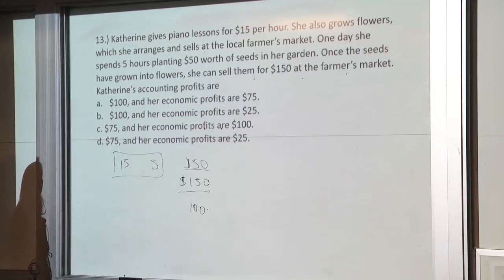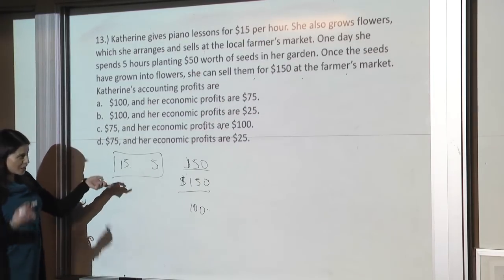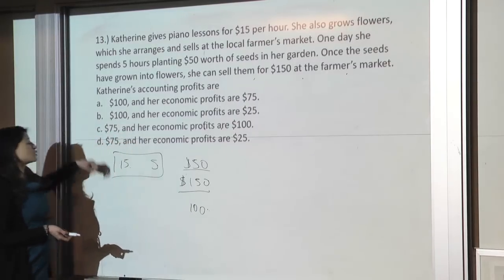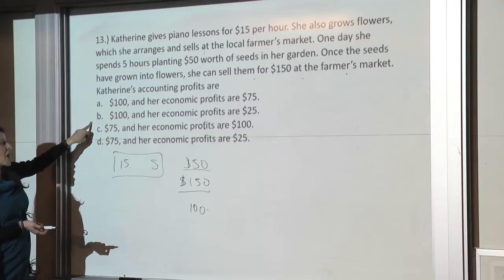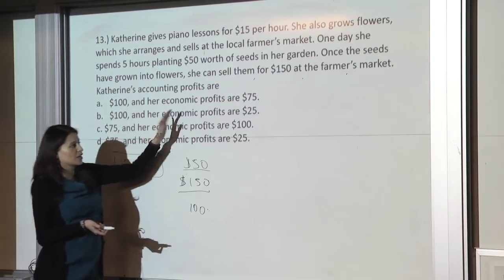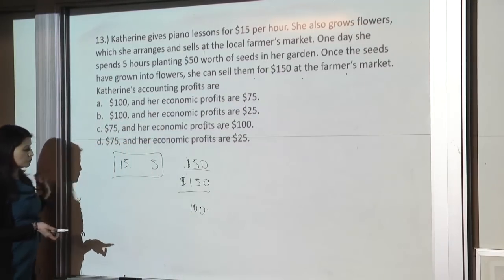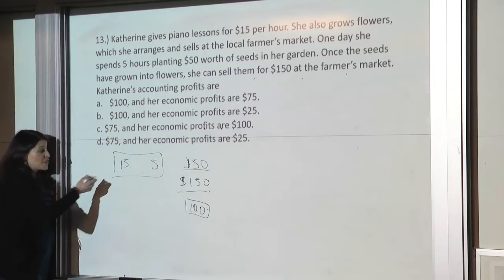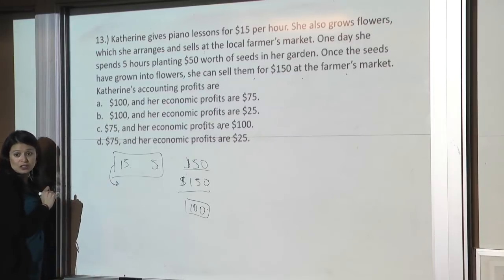But here they make it tricky, because they ask you for the accounting profits in the question and they give you answers where they make you calculate the economic profits too. So this will be the accounting profits, but you have to subtract the implicit cost, right?